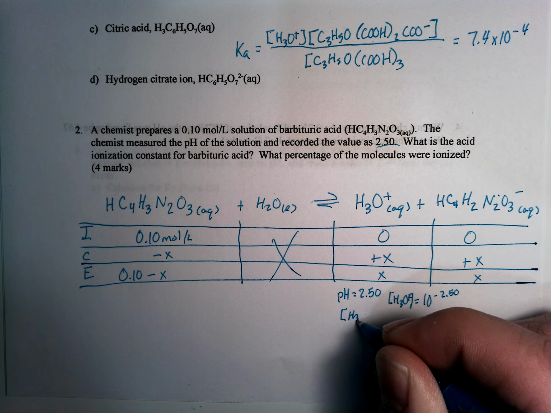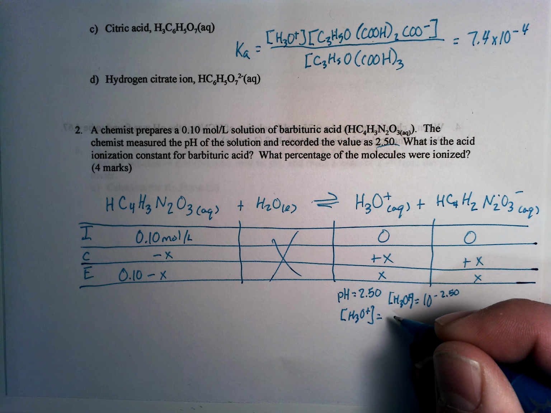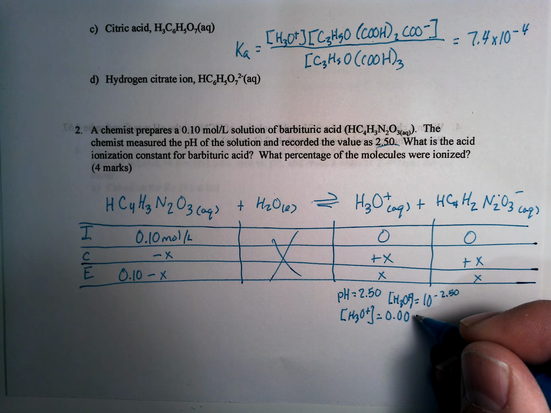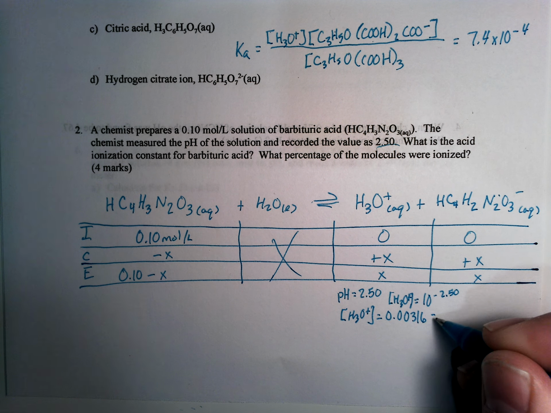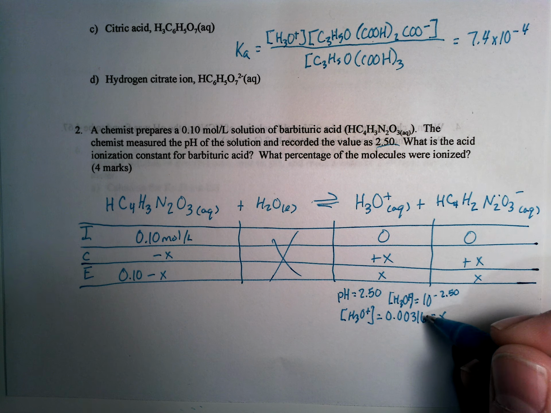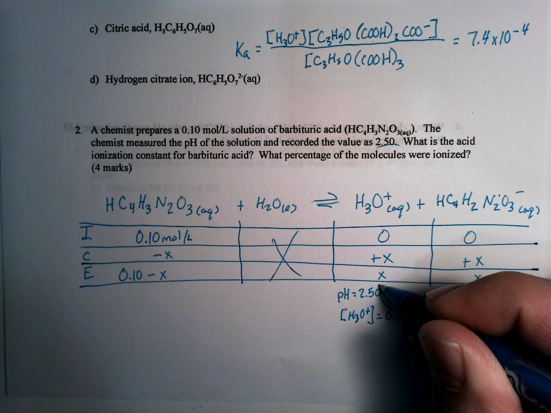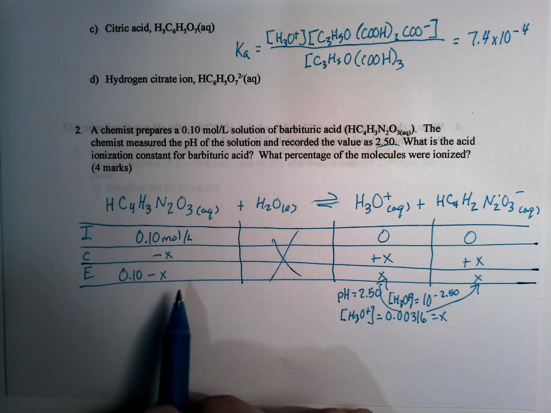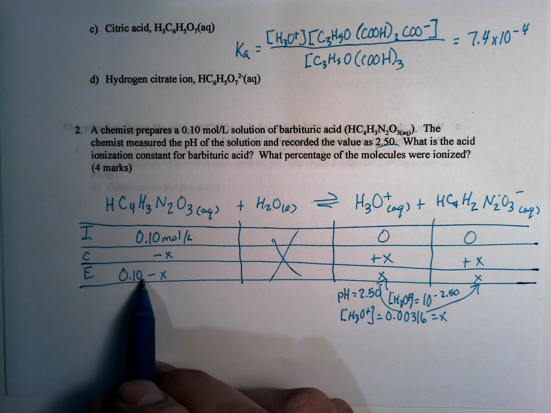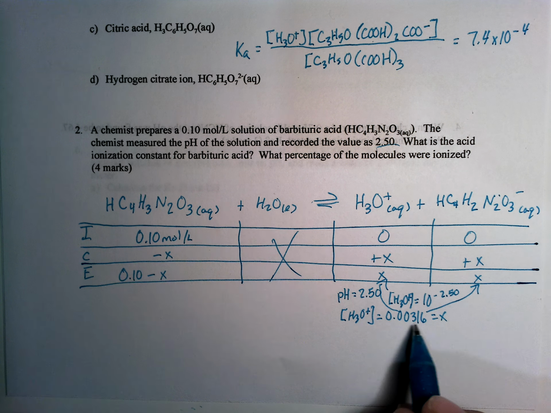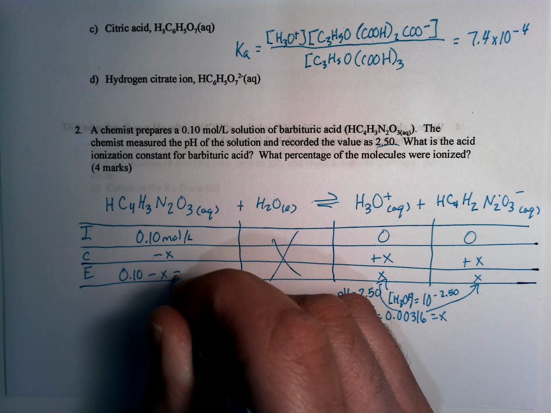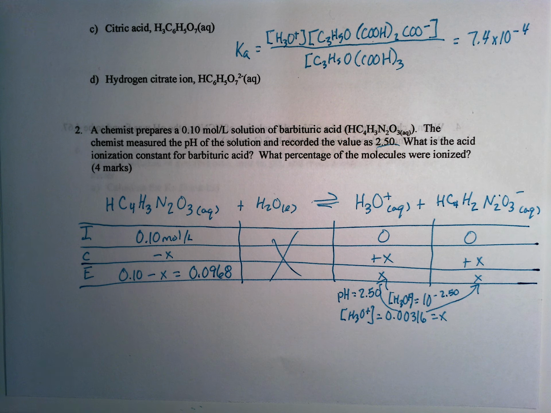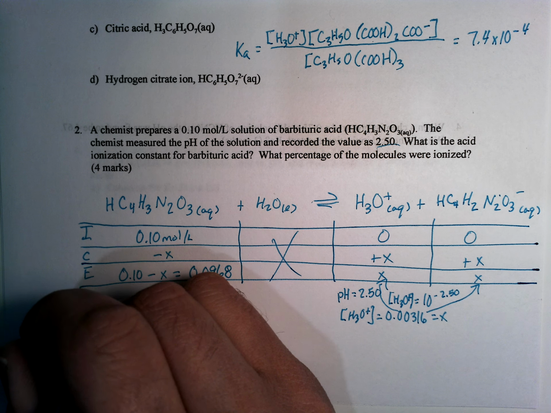Our hydronium concentration is equal to 0.00316, which is equal to X. Now we know this number and this number. For our acid ionization constant, we also need this number, so we go 0.10 minus X, minus this number here, and this is equal to 0.0968.